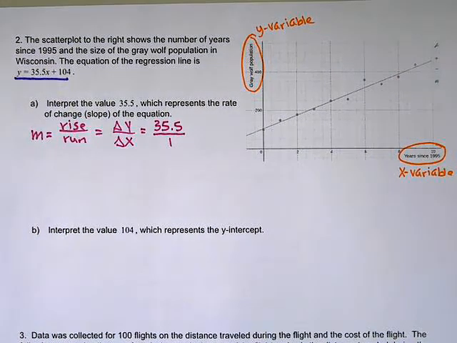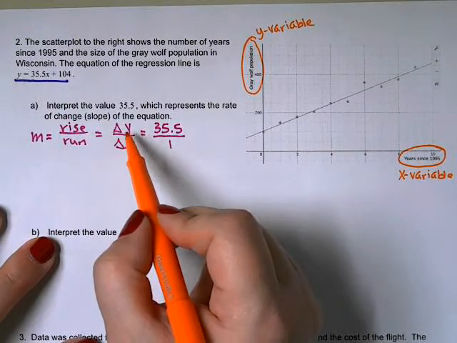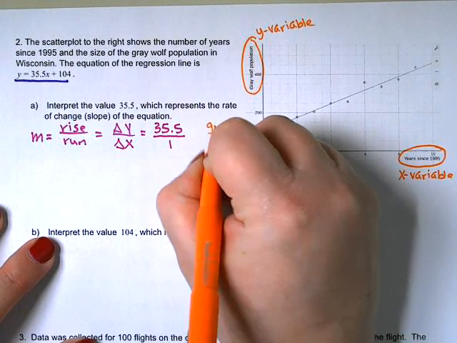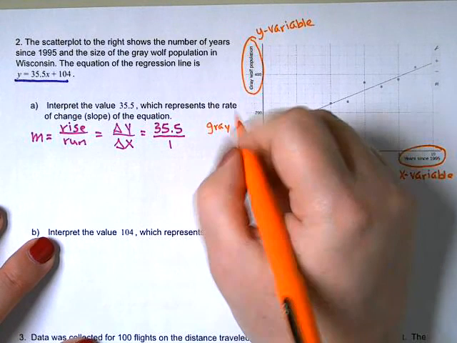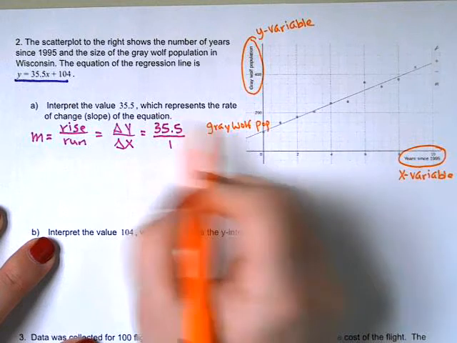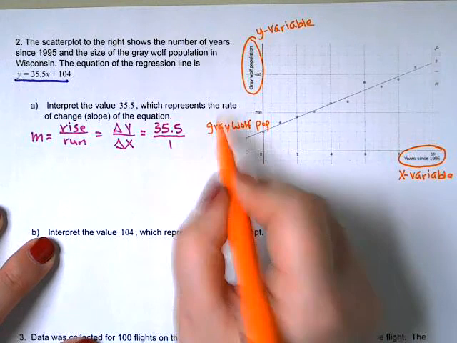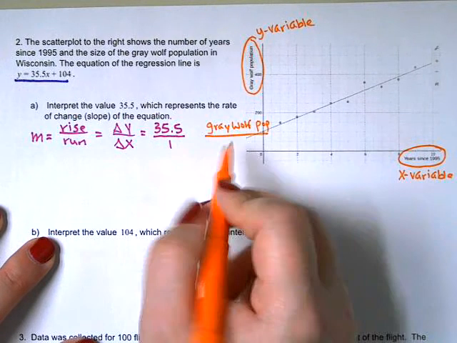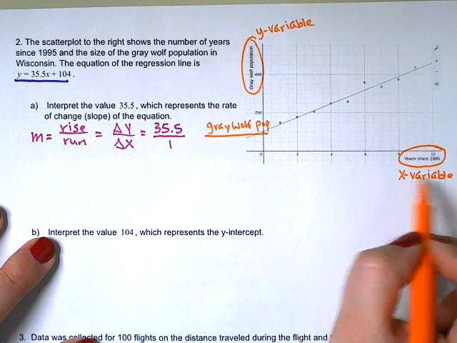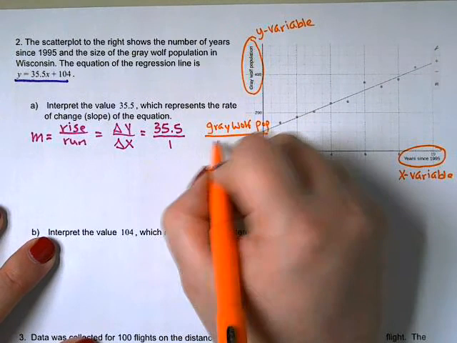So let's take a look at those variables again. We said that the rise, or the y variable, goes on top. So that's the gray wolf population. So on the top, this 35.5 has something to do with the gray wolf population. And then on the bottom, our run, the change in x, deals with our x variable, so the years since 1995.